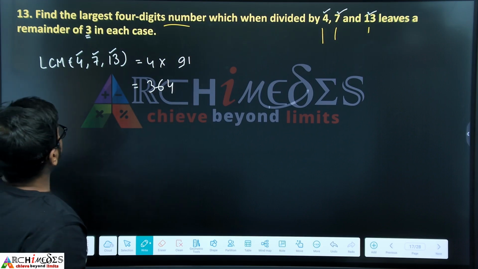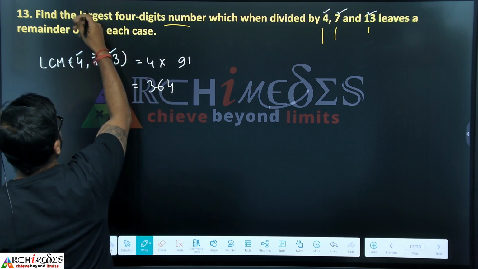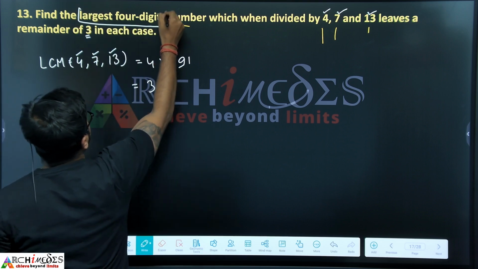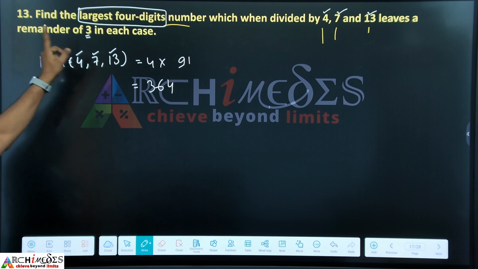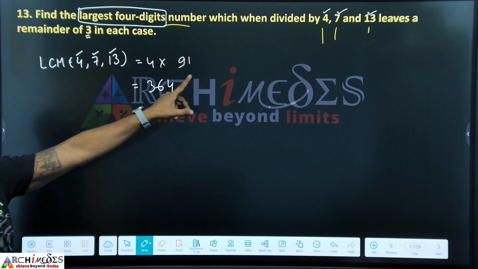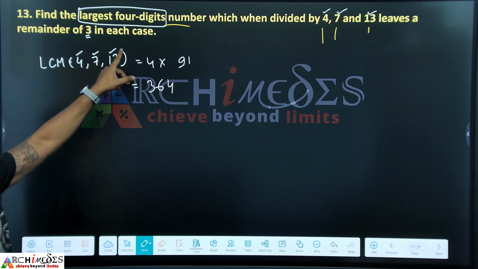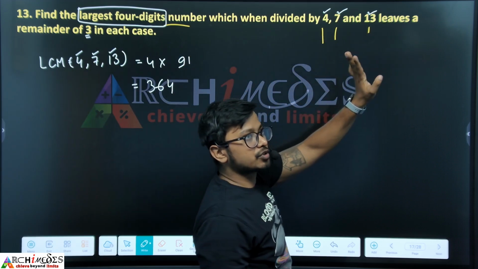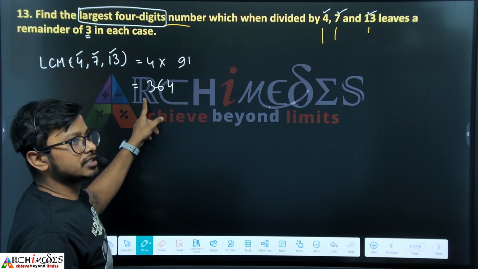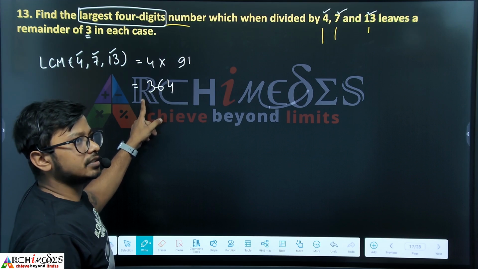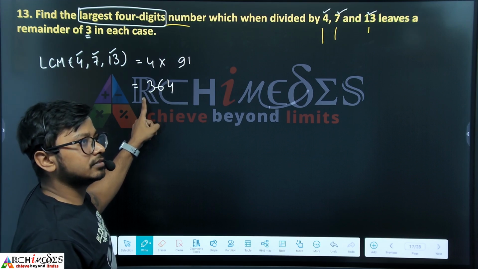Now listen. If the question does not contain the remainder, suppose: find the largest number which when divided by 4, 7 and 13 leaves no remainder. The answer is 364. Answer is 364. Am I clear?